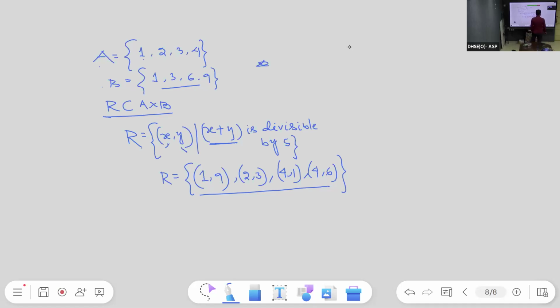Then come to another question. Let A be the set containing the elements 1, 3, 5, 6, 8, and B be the set containing the elements 2, 3, 9, 8, 9.